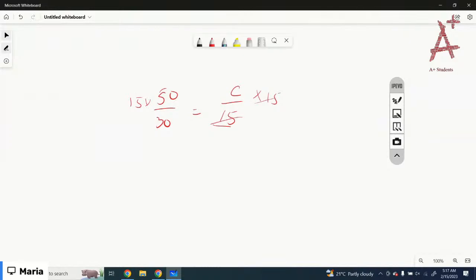You can either divide by the common factor or multiply them. 5 times 3 is 15 and 5 times 6 is 30. Or 15 times 1 and 15 times 2 is 30. So it would be C equals 25. So the correct option is C equals 25.